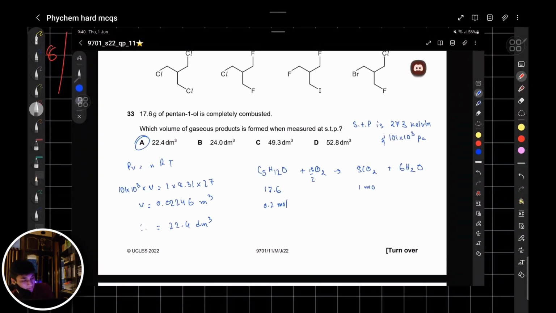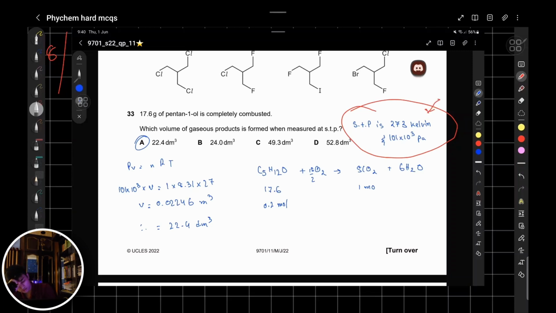Question 38. 17.6 gram of pentan-1-ol is completely combusted. Which volume of gaseous products is formed when measured at standard temperature and pressure? So you should know this. I don't know if this is given in the question paper. It might be in the data booklet, but you should be aware of this value.